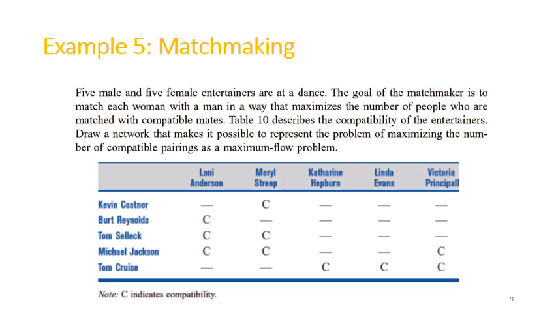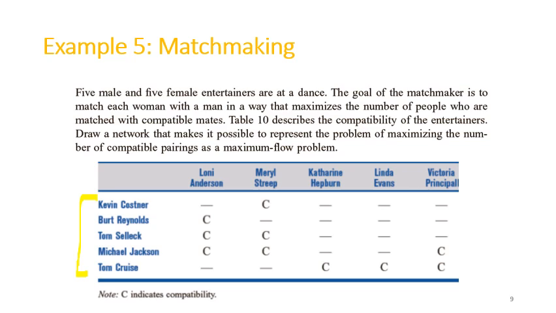The maximum flow problem can also be used to maximize the number of couples that we can match together. So here in this example, for example, you have 5 male celebrities. These people are from the 90s and 80s. So probably you need to Google them to look at who they are and how they look like.